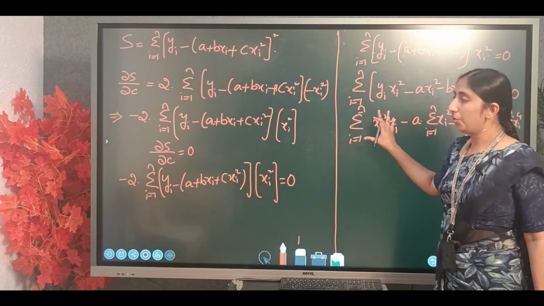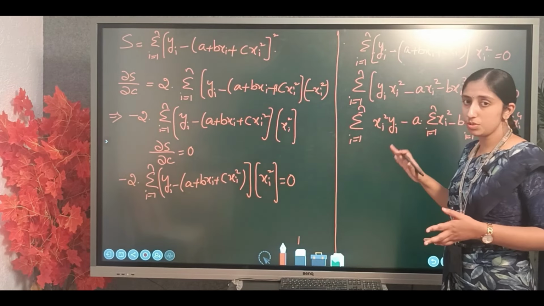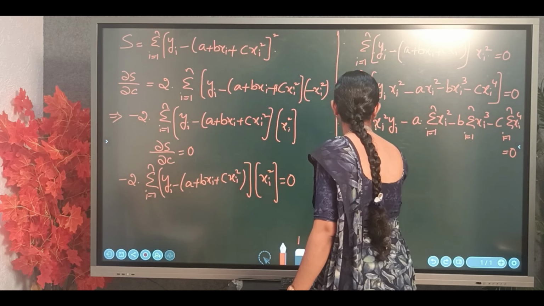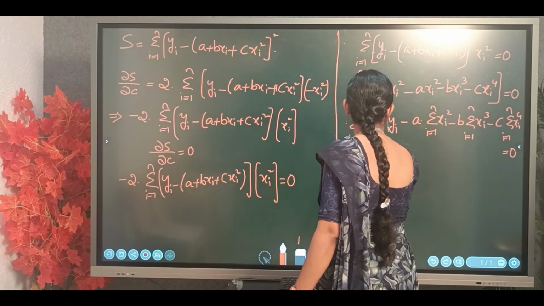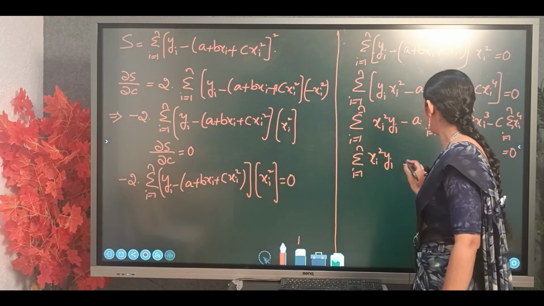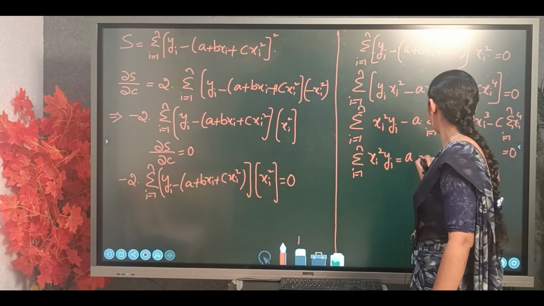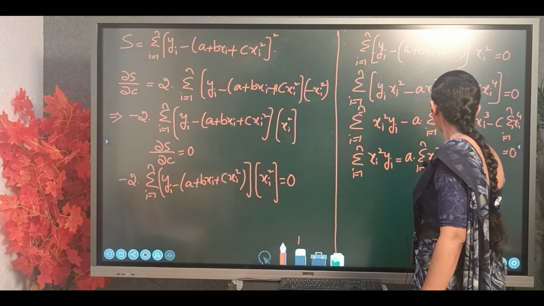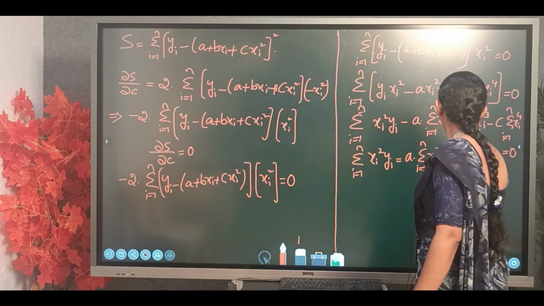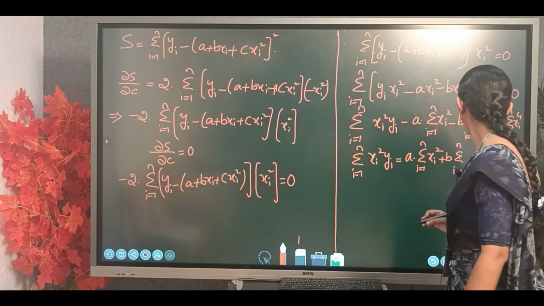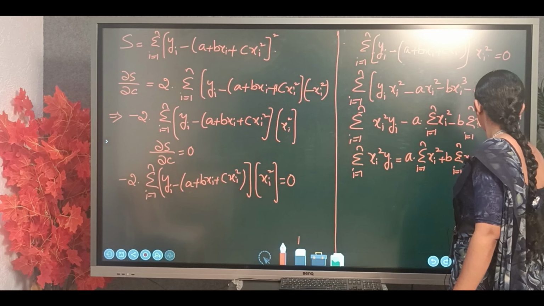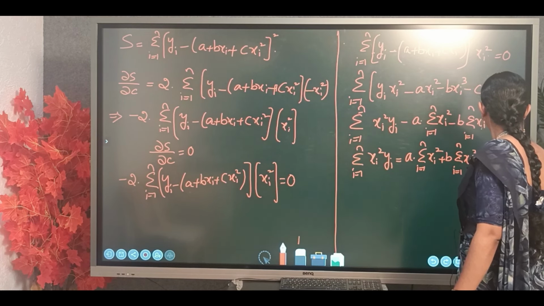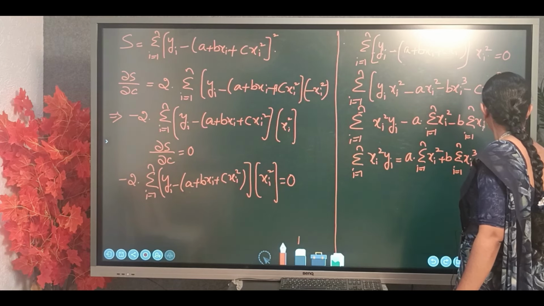We are placing only positive terms here. So what are the negative terms? We move them to that side. So summation xi squared yi equals, here the negative term is minus a, it will become plus a into summation xi squared, plus b into summation xi cubed, plus c into summation xi power 4.